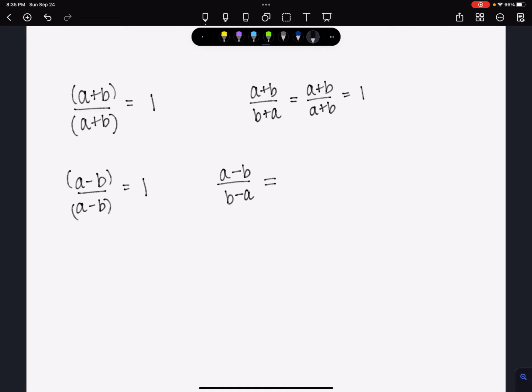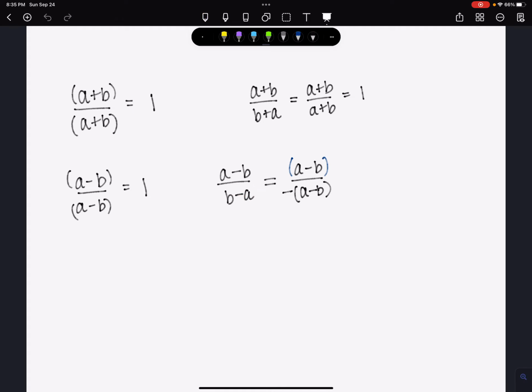A minus b over b minus a, that's the same thing as a minus b over the opposite of a minus b. Now I want to go slow. A minus b is the same as a minus b. Put parentheses around it.